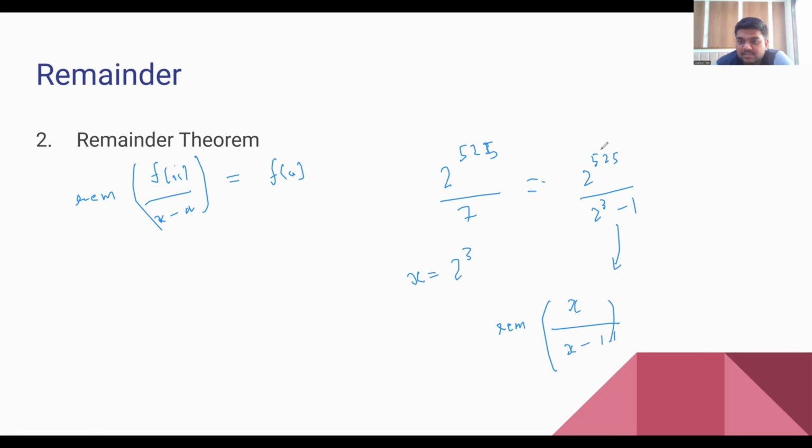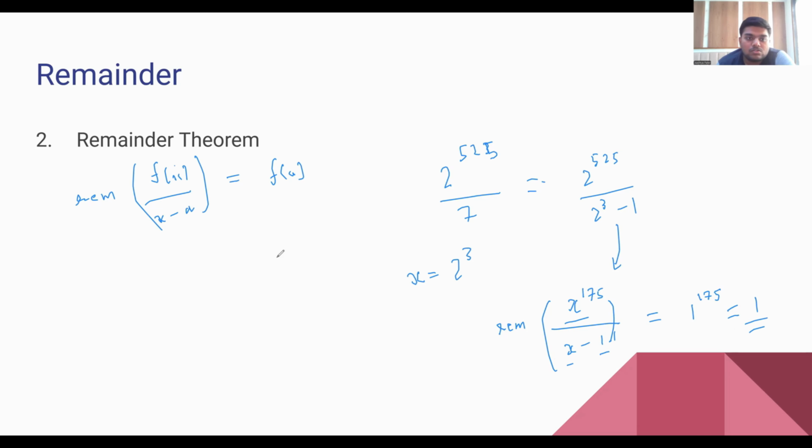Then 17 3s are 51. So 175. Okay. Now remainder when f of x is divided by x minus a is equal to f of a. So it is equal to 1 to the power 175, which is equal to 1.